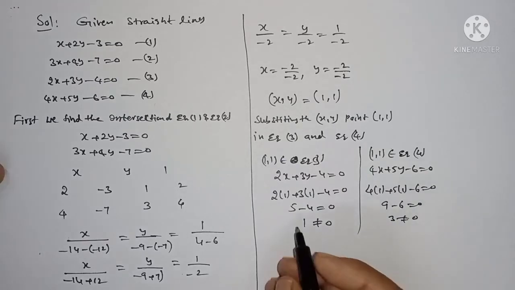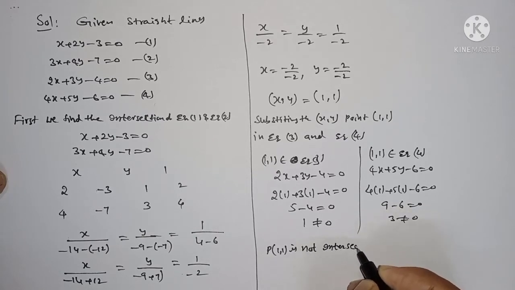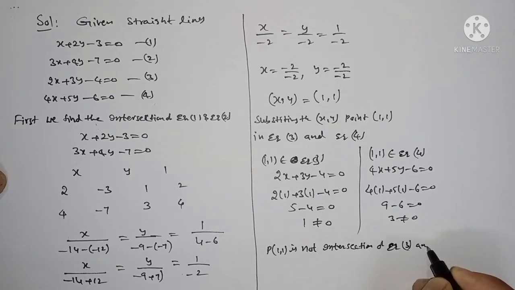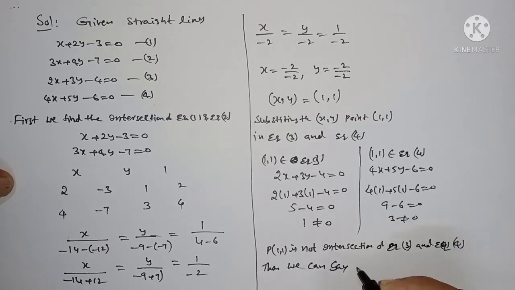Therefore the point 1 comma 1 is not on the intersection of equation 3 and equation 4, so we can say the lines are not concurrent.